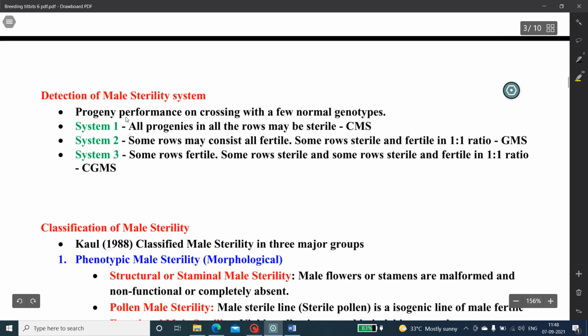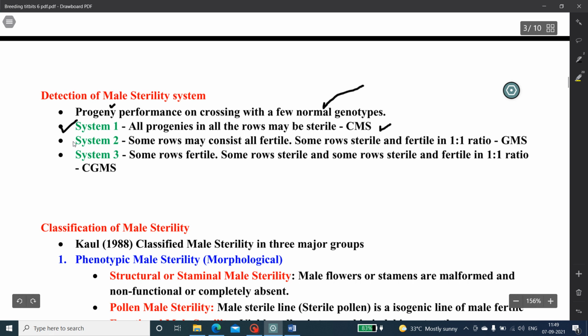And we can detect the male sterility by seeing the performance of progenies on a crossing with a few normal genotypes, and in which the detection system consists of system 1. Here all progenies in all the rows may be sterile, that is otherwise called cytoplasmic male sterility.